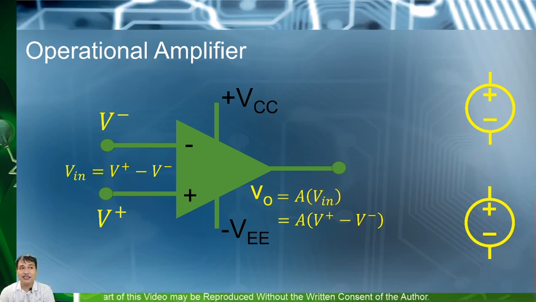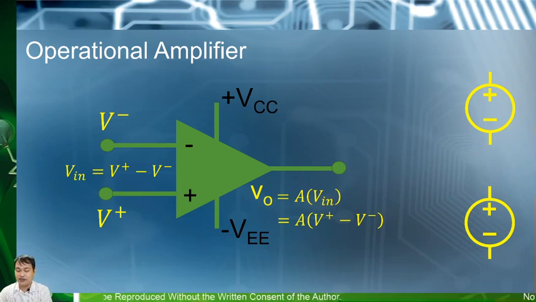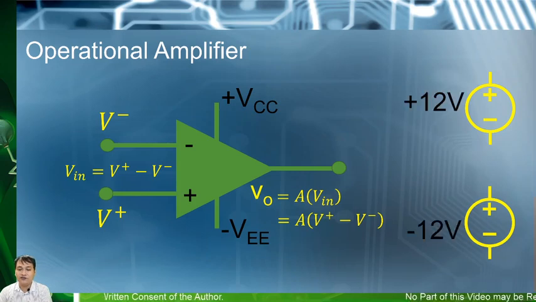And some applications can operate in single supply also. The required power supply for the op-amp to operate is positive and negative 12 volts, positive negative 15, or positive negative 24 volts.